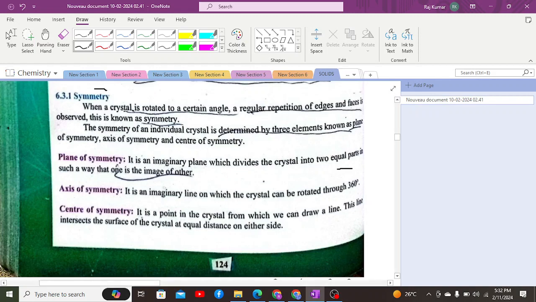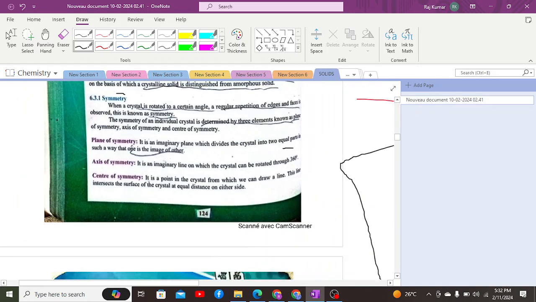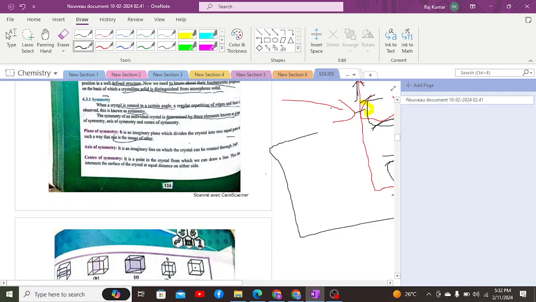If we take the structure of a simple cube, a cube is a geometrical shape, right? So let's take the structure of a simple cube. As you can see, this is the structure of the cube.